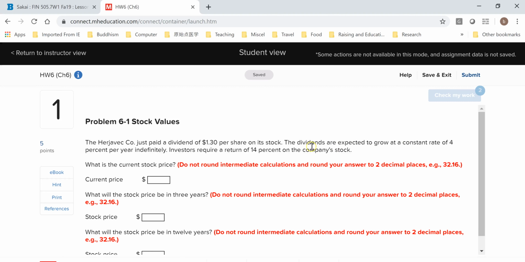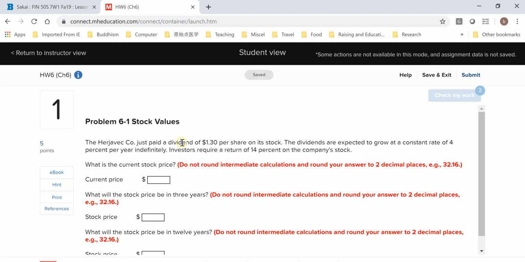This is question number 1 of homework 6. This firm just paid a dividend of $1.30 per share on its stock. So this first sentence simply tells us it's D0, right?